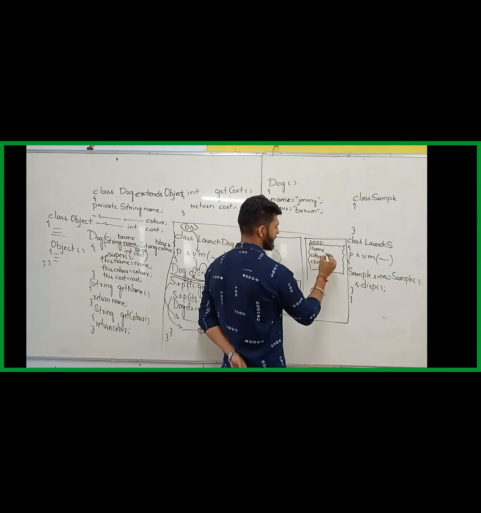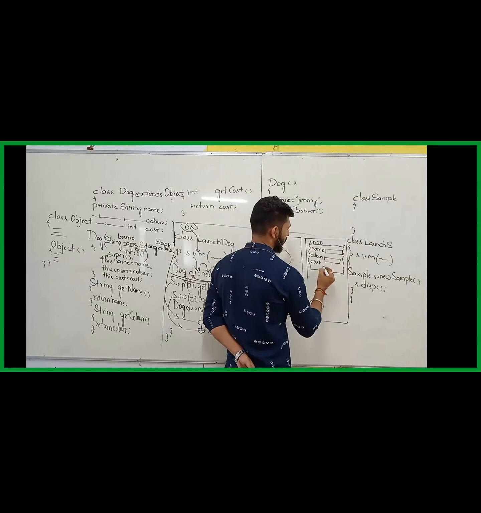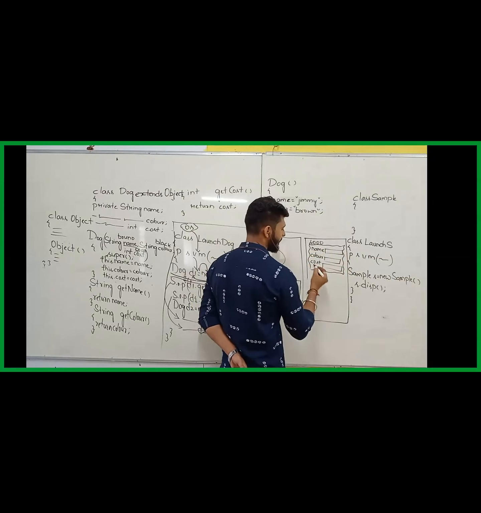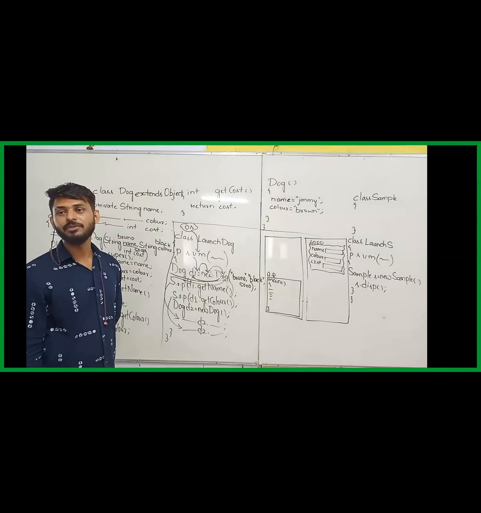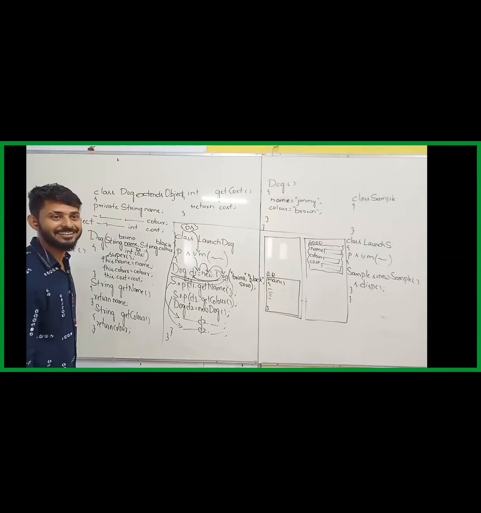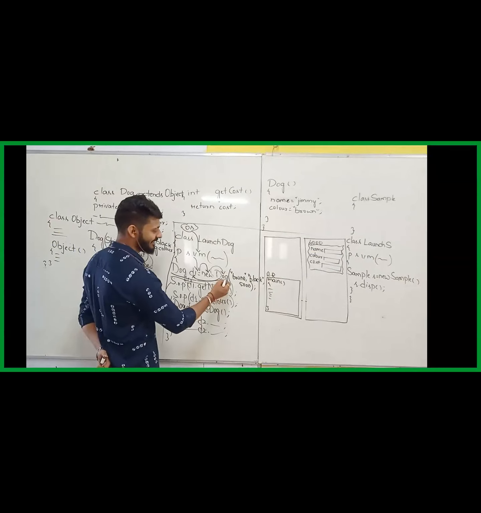Is it there? If it is there, allocate some block of memory. Okay. Next, what? Initialize it to default values, sir. Thank God. Today I can assume myself as a Java trainer. Luckily. Okay. Next, what?